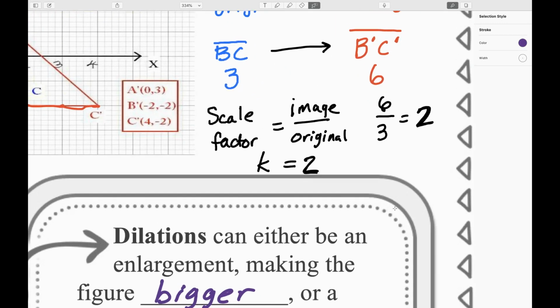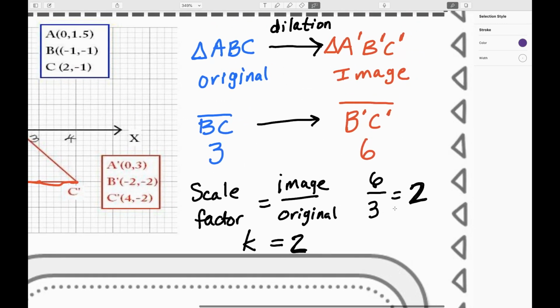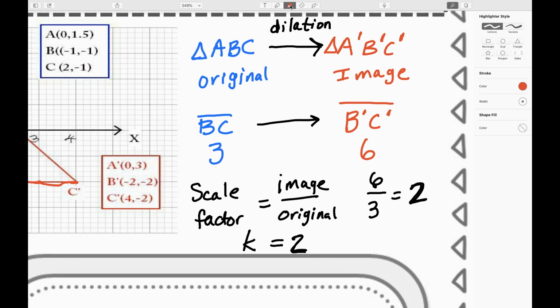So up here, let's look at C. C is 2, -1. We performed a dilation of 2. Let's see what happened to those. We take a look at here, and it's 4, -2. So not only do the dimensions, the sides, multiply by 2, the actual coordinates themselves multiply by 2.